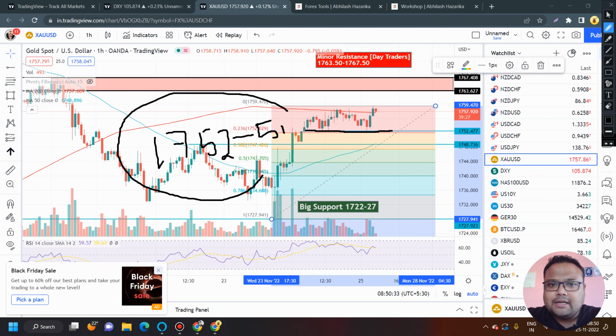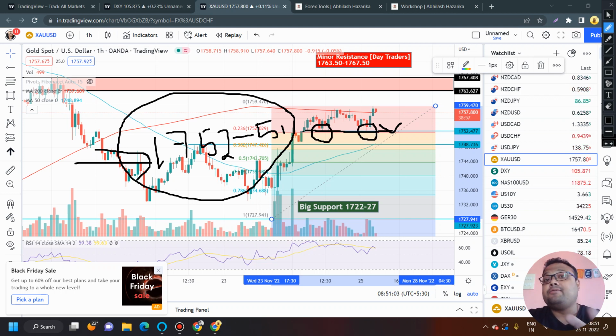So if market comes down during the day and you see market bouncing from here, you can go for a buy position. Keep in mind, this is not a strong support at all. This is just a level for day traders. If the volatility is low and the market stays flat like this, then only you can expect the market to bounce. So for day traders only, if you see market bouncing from the 1750 to 51 level, you can go for a buy, because we have seen previously market taking support or bouncing from this level.